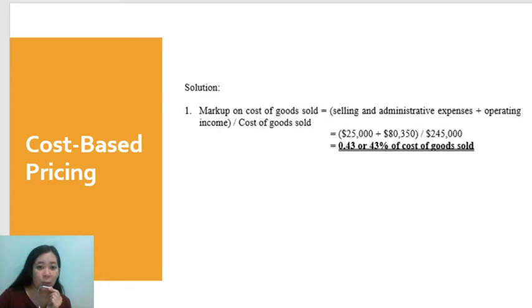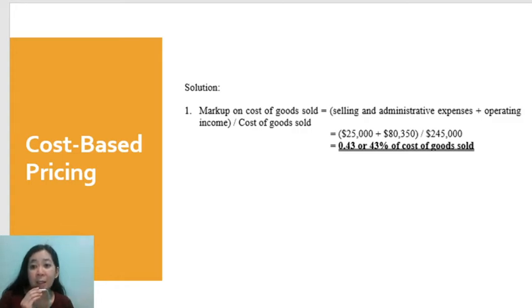For the solution, number 1, the markup on cost of goods sold based on the given data. All we have to do is add the selling and administrative expenses as well as operating income, and divide by the cost of goods sold to get the markup percentage.